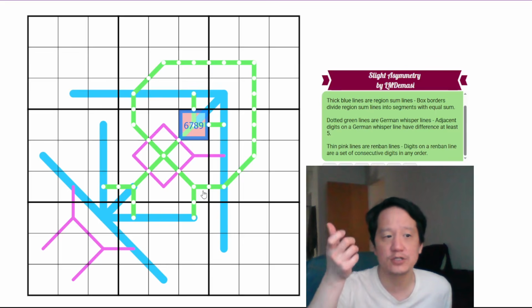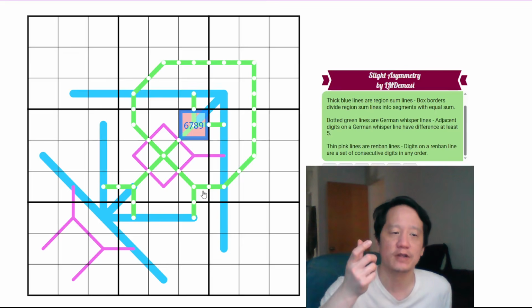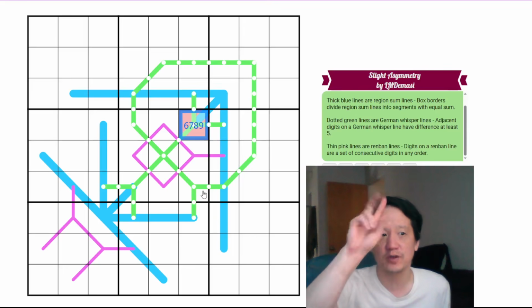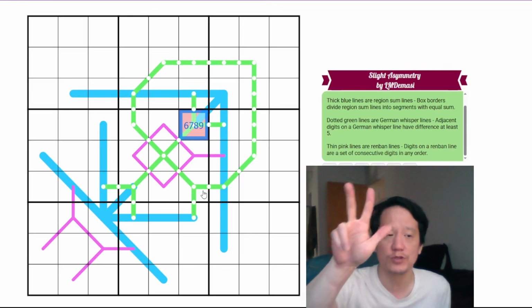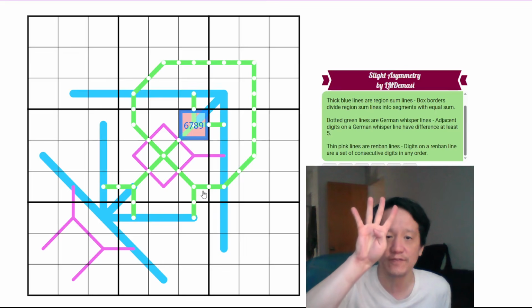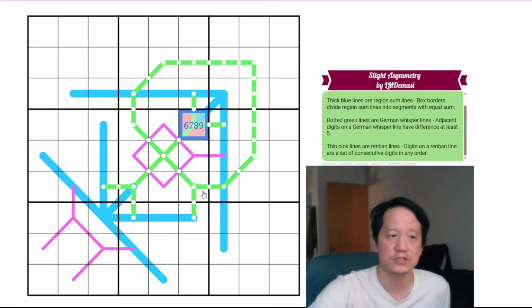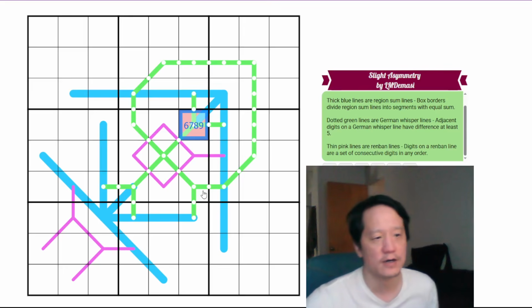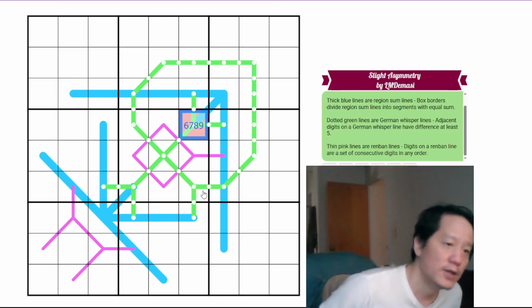What digits can be next to a high digit on a whisper 5 line? 6 can be next to 1, 7 can be next to 1 or 2, 8 can be next to 1 through 3, and 9 can be next to 1 through 4, which are all low digits. So on a whisper 5 line, you'll always alternate between low digits and high digits. And notice I did not say anything about 5, because 5 can never be on a whisper 5 line.